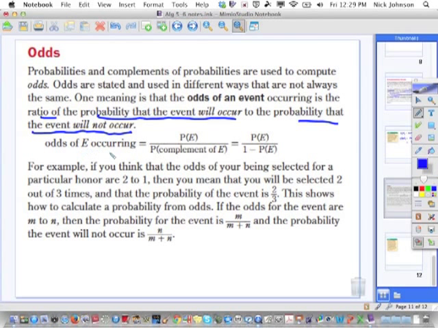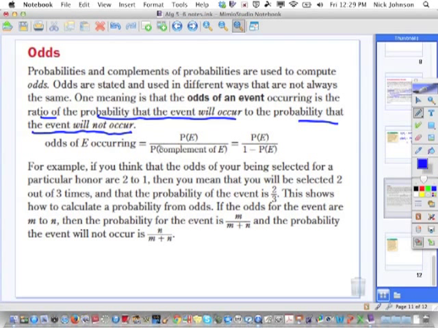So, odds of E occurring equals the probability of E divided by the probability of its complement, which is equal to the probability of E divided by 1 minus the probability of E.